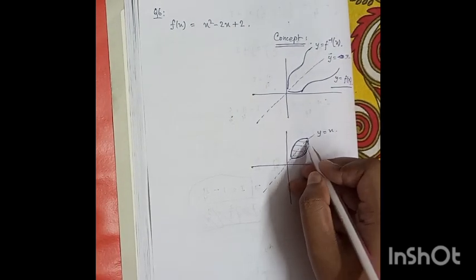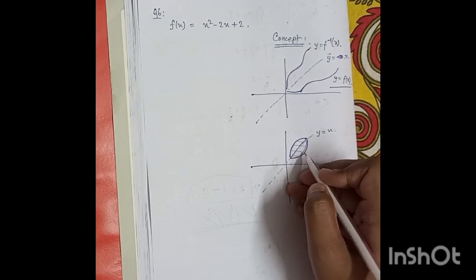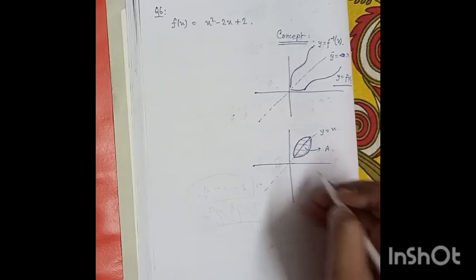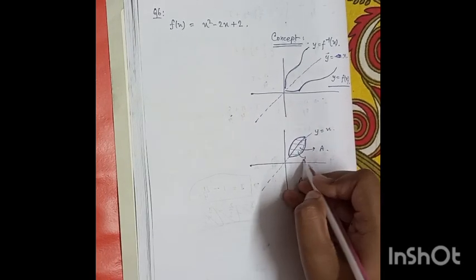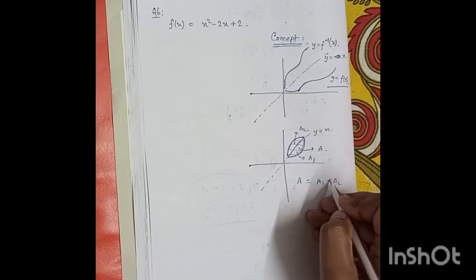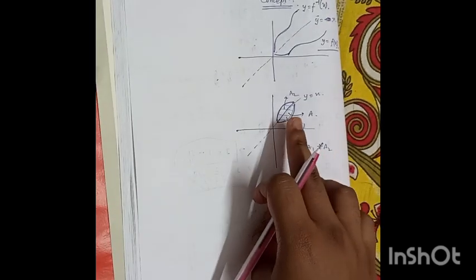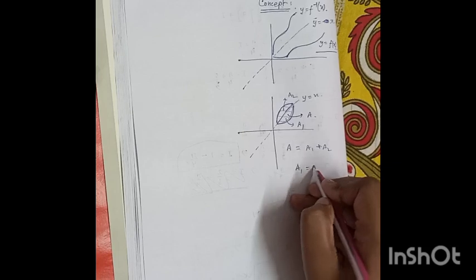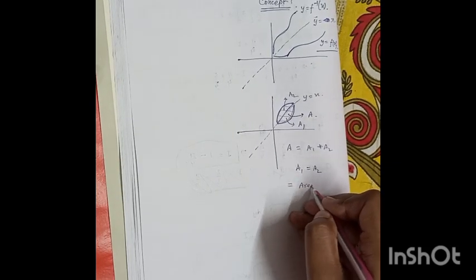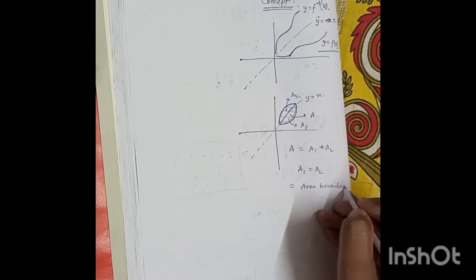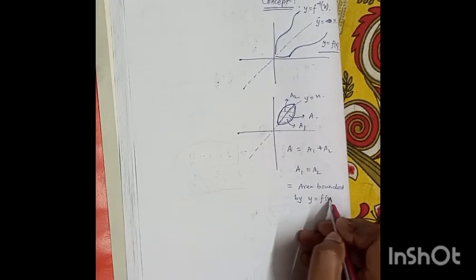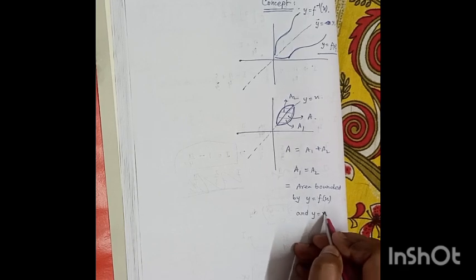Let's call it A. So this A is basically A1 plus A2, and by symmetry A1 equal to A2 is equal to the area bounded by y equal to f(x) and y equal to x.